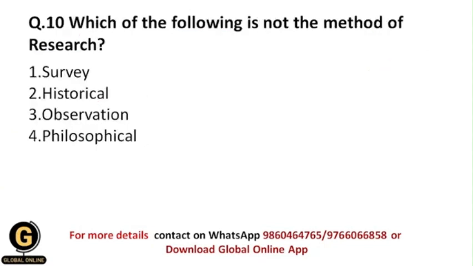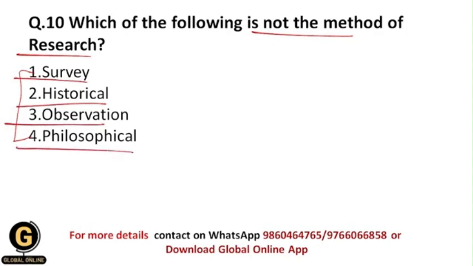Okay, next is which of the following is not a method of research. Now from these options, which is not a method of research: survey, historical, observation, philosophical. Now students, we need to understand exactly what a method of research is.